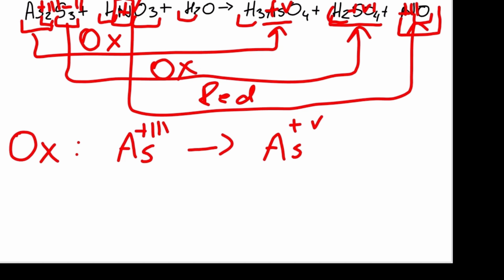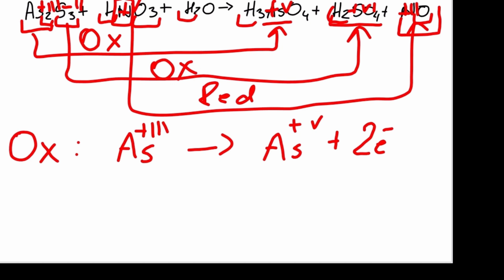Okay, of course, 2 electrons on the right side. But I forgot about a very important thing. Here in arsenic trisulfide, in the subscript, we have 2 atoms of arsenic.